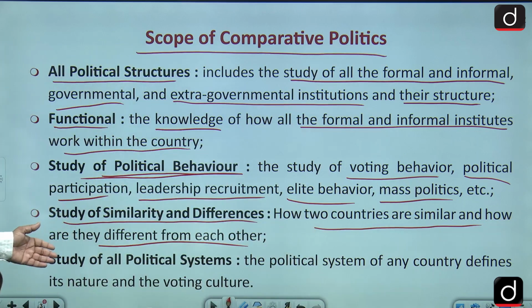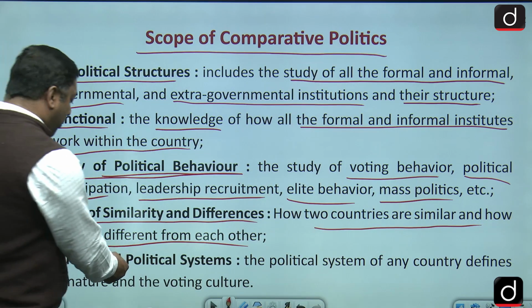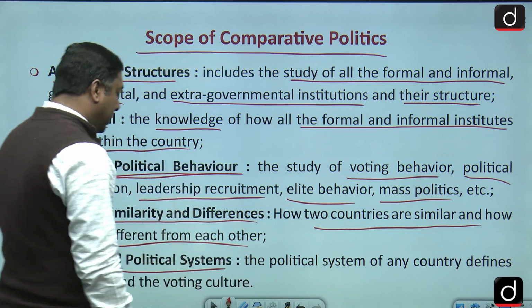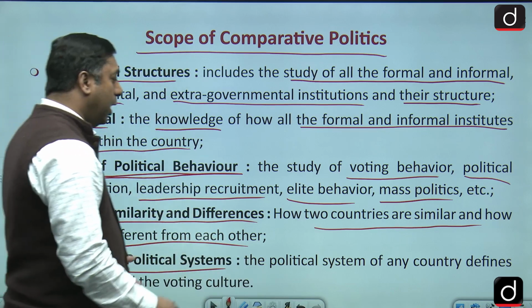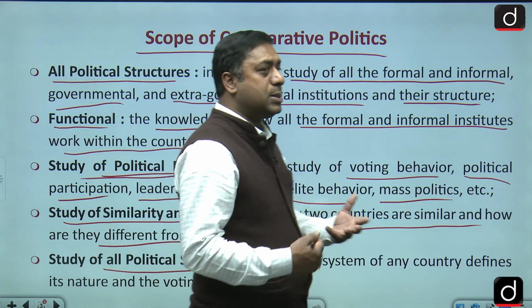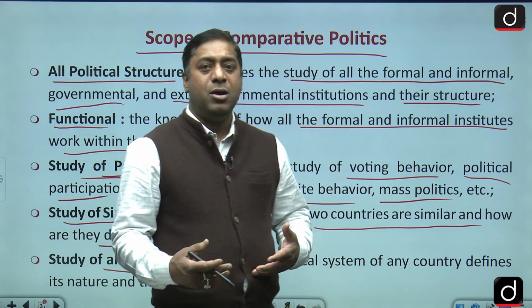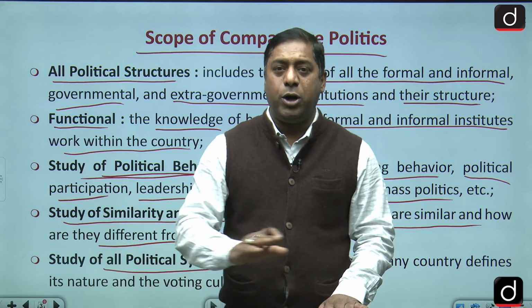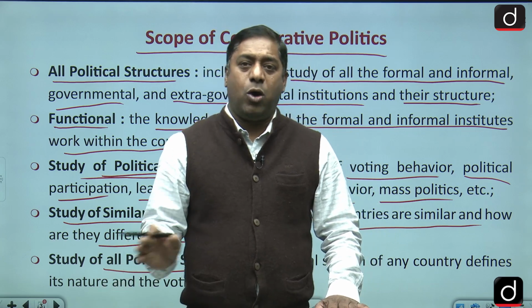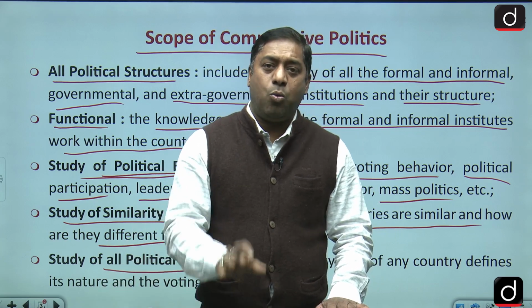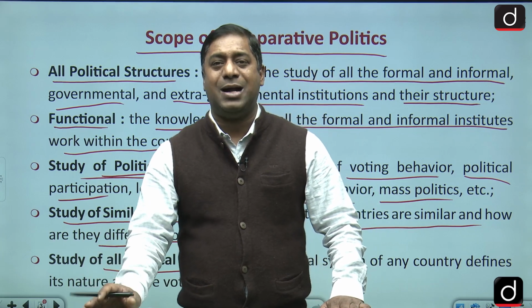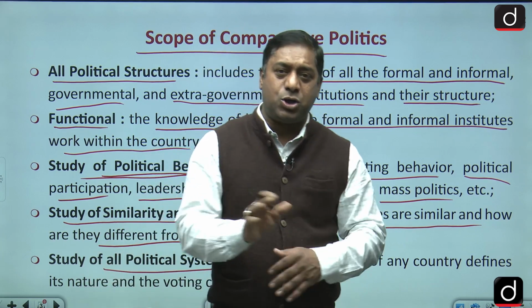We also study all political systems, in the sense that whatever political system is there in a country, we study it, along with what political institution and what structure is involved in that system.